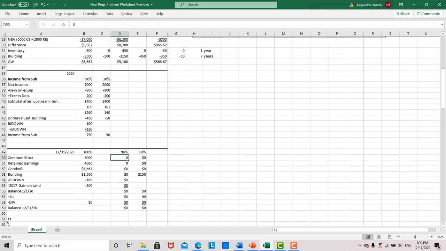Okay, so we're going to split these 90, 10. We're going to split this 90, 10, and then we're going to split all these 90, 10. Goodwill is split 90, 10.